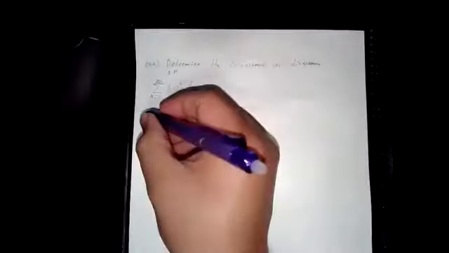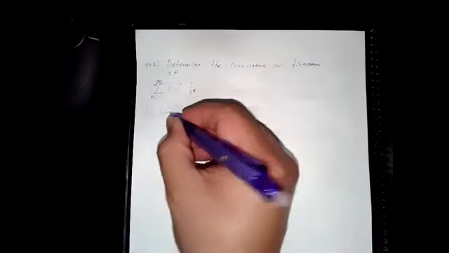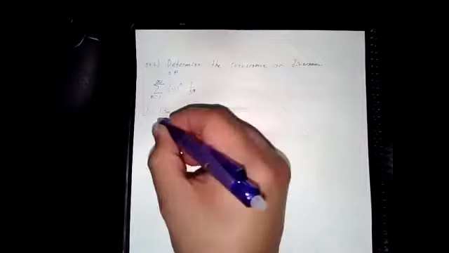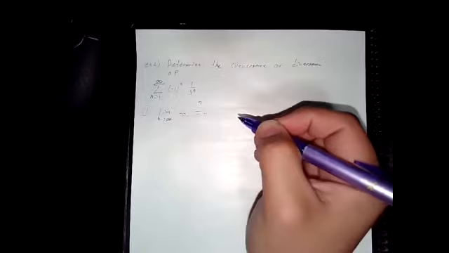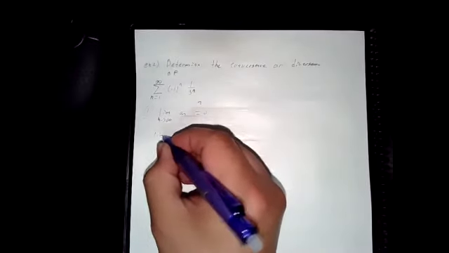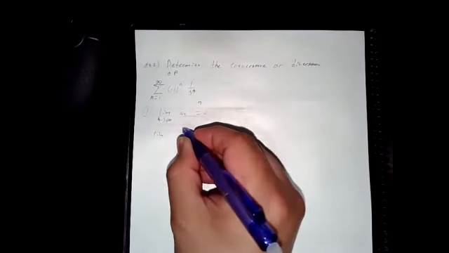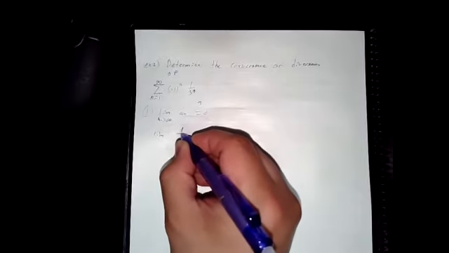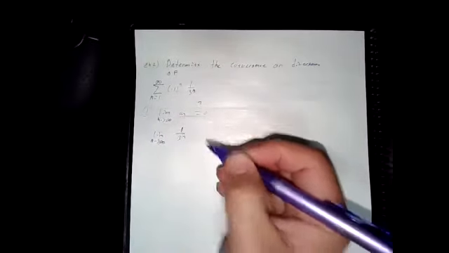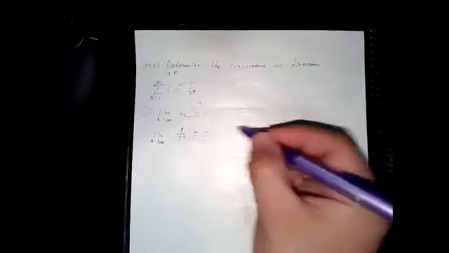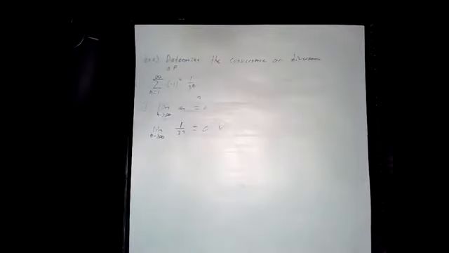Okay, so it is alternating. So all we've got to do is check the conditions. Number one, is the limit of an as n approaches infinity equal to 0? Well, the limit of 1/3 to the n is equal to 0, right? So that checks out. Great.